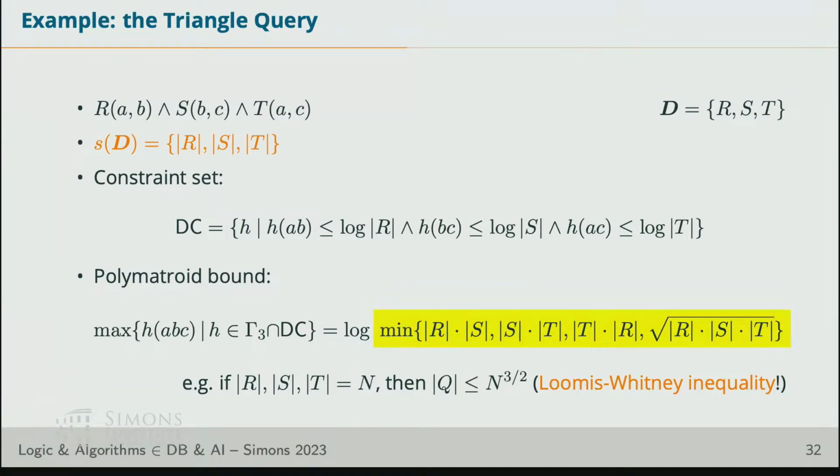And one simple example, going back to the triangle query: if you take the polymatroid bound, you will get, for example, that the number of triangles is less than n to the 1.5. Sometimes this is known as a Loomis-Whitney inequality. Just plug it into the bound and solve the linear program, and you'll get n to the 1.5.